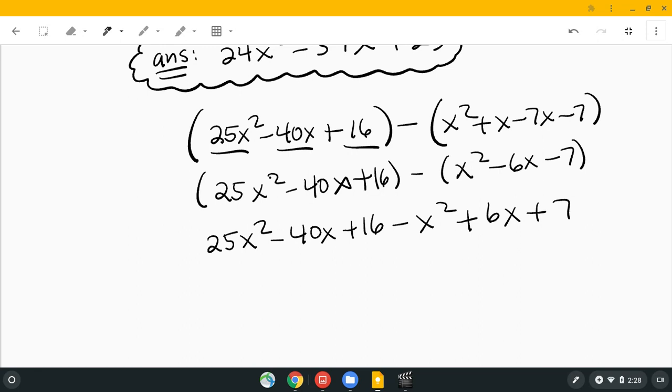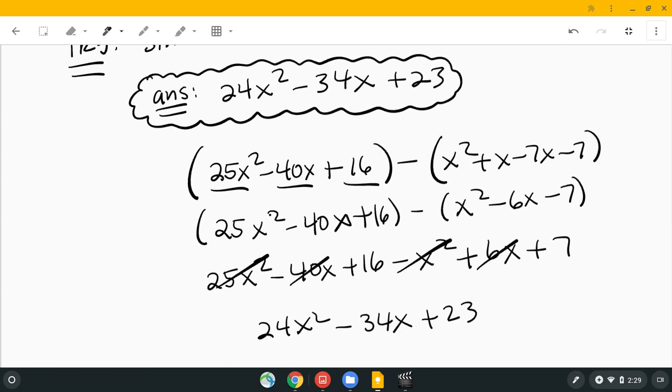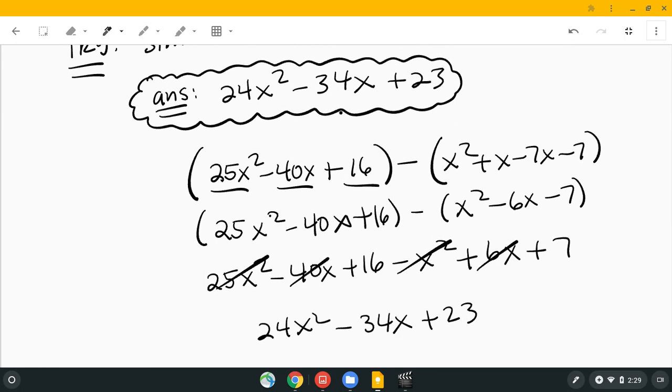And then combining like terms, 25x squared minus 1x squared, 24x squared. Negative 40x plus 6x is negative 34x. And 16 plus 7 is 23. And we see that's what we got up here.